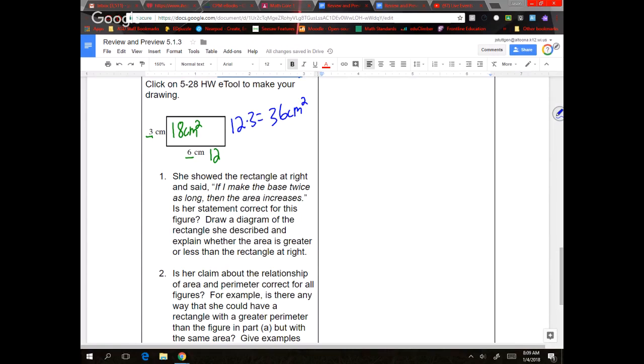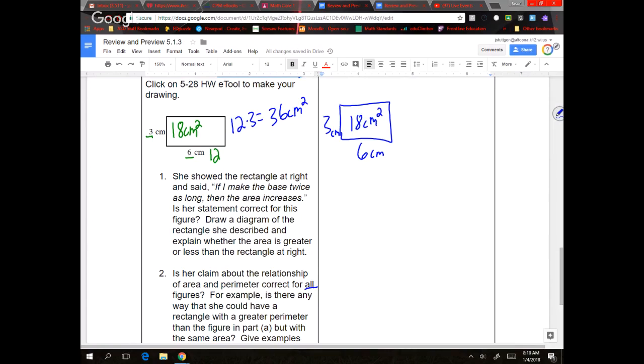Now number 2 says she's making kind of the same claim about perimeter. It says, is her claim about the relationship of area and perimeter correct for all figures? That's the key word here, is all. Okay. So here's an example. I'm going to use her example here of 3 centimeters and 6 centimeters, which we already said has an area of 18.